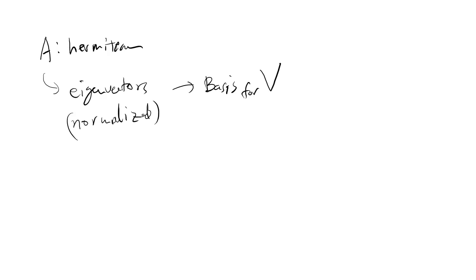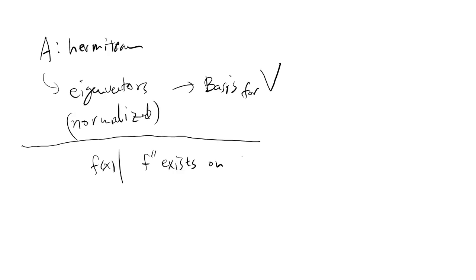In finite dimensional space, this is not that amazing, but if you have an infinite dimensional vector space, think about this example where you have a function which is differentiable twice, so f double prime exists on 0 to 1 and it's continuous, and also f of 0 is 0 and f of 1 is 0.